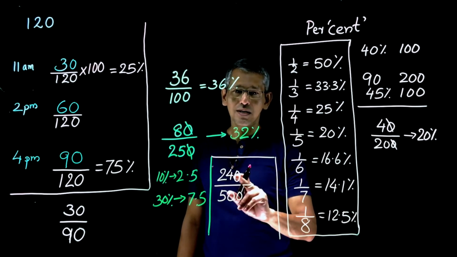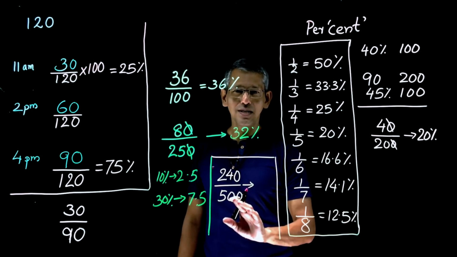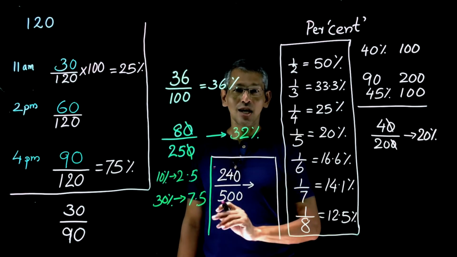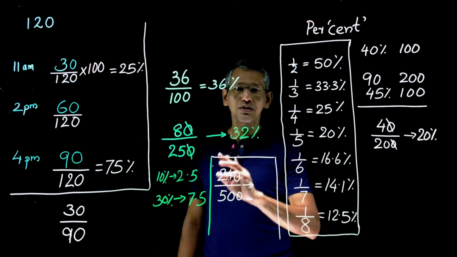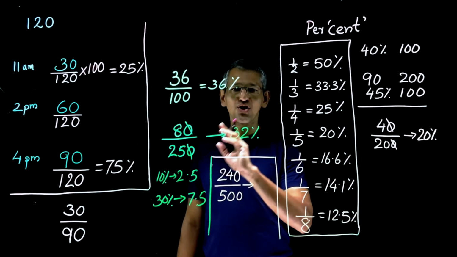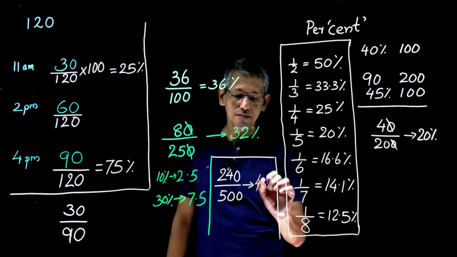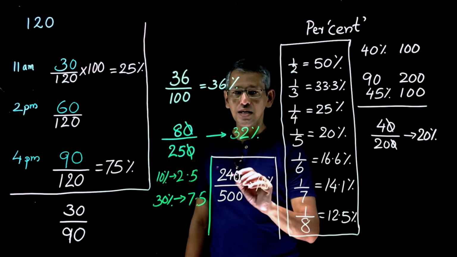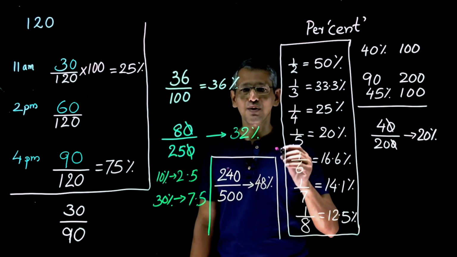So from the 50% of 500, we have 10 less. 1% is 5, so 10 less means 2% less than 50%. So 50% minus 2% is 48%. So 240 is 48% of 500. That's the answer we have.